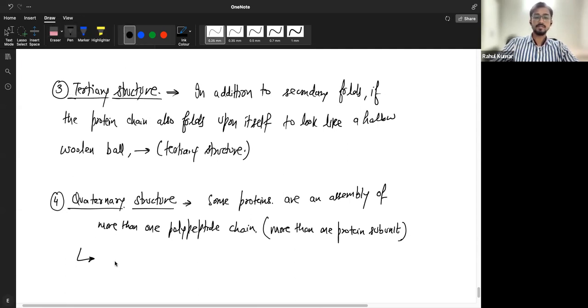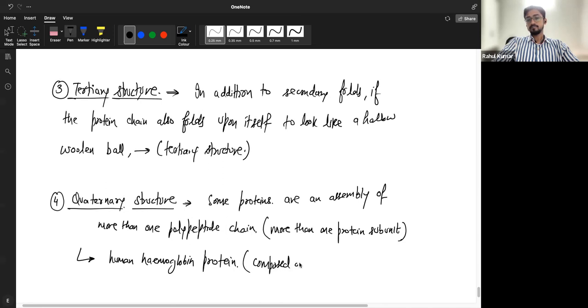A very famous example is hemoglobin. Human hemoglobin protein. Okay. So it is made up of 4 subunits, in which there are 2 alpha subunits and 2 beta subunits.